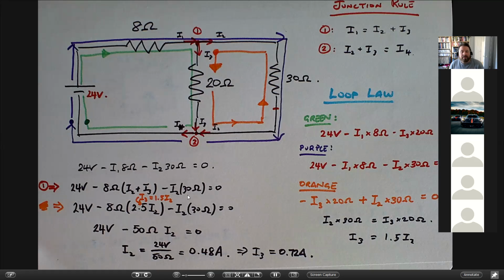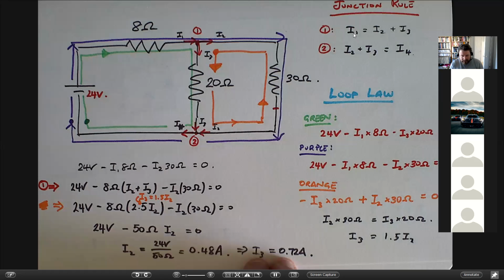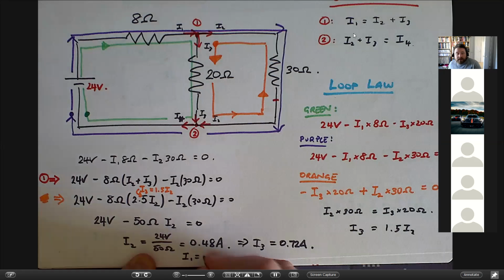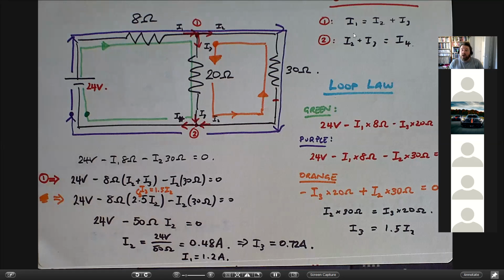Oh, okay. So that lets us solve those, and then we can go right back to rule number 1. So we're just going to add these two together to get I1. So I1 is going to be 1.2 amps.